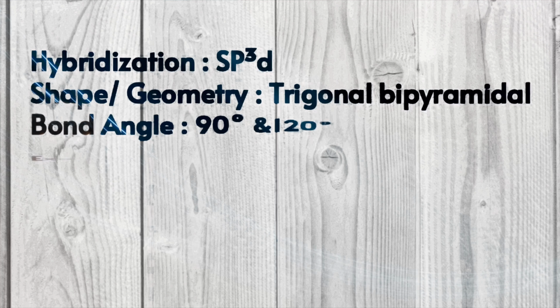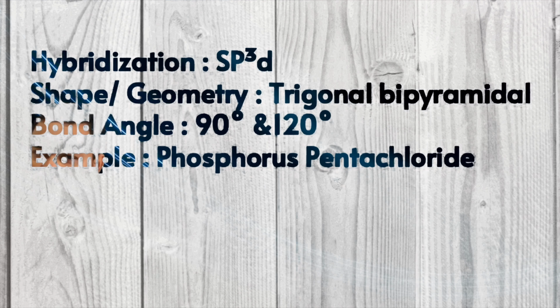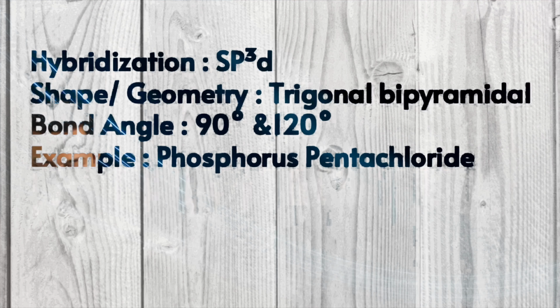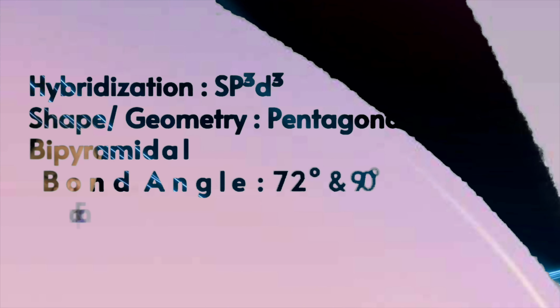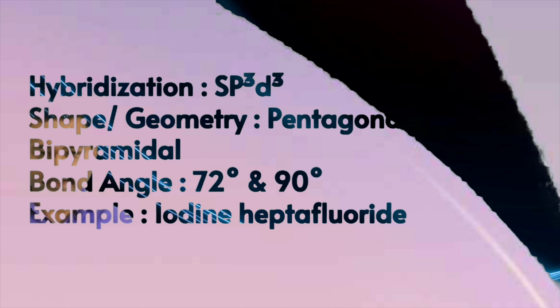Again, if the molecule exhibits sp3d hybridization, then the geometry is trigonal bipyramidal and the bond angle is 90 degrees or 120 degrees. If the hybridization is sp3d2, then the shape and the geometry is octahedral and the bond angle is 90 degrees. And if the hybridization is sp3d3, then the geometry is pentagonal bipyramidal and the bond angle is 70 degrees or 90 degrees.